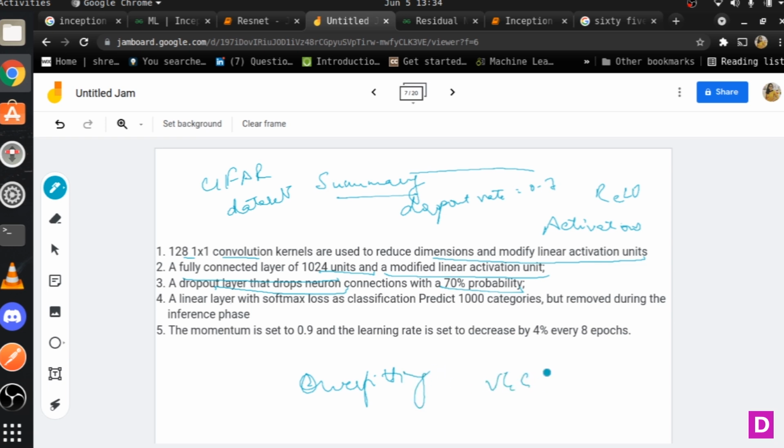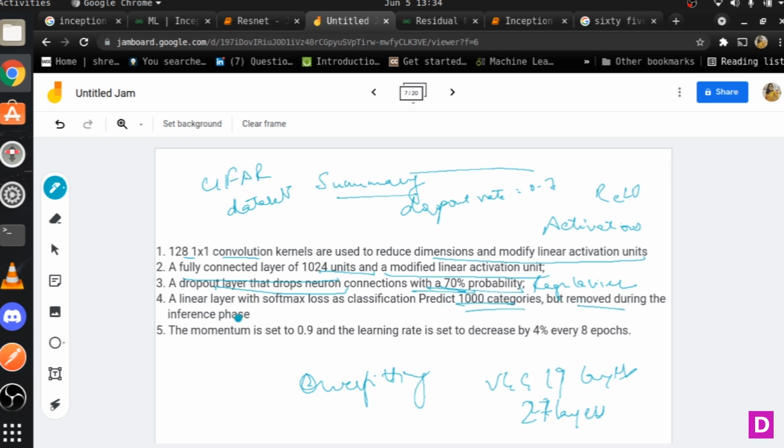In VGG the maximum was 19 layers, here we have 27 layers if we also include the pooling layers, so that is a lot obviously. So hence dropout was used to act as a regularizer. Then a linear layer with softmax loss as classification predicts 1000 categories, right?